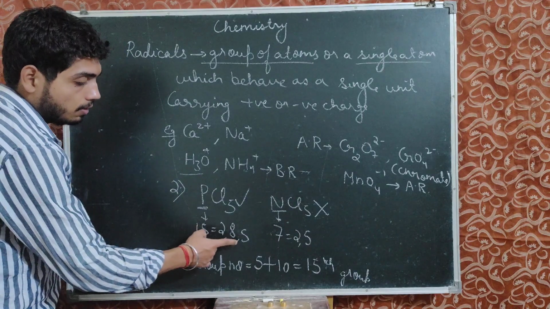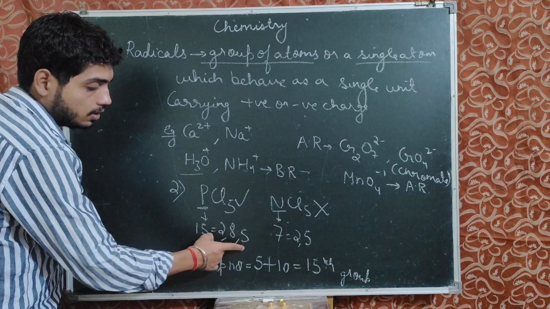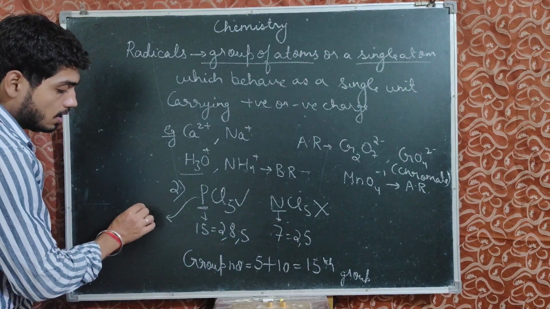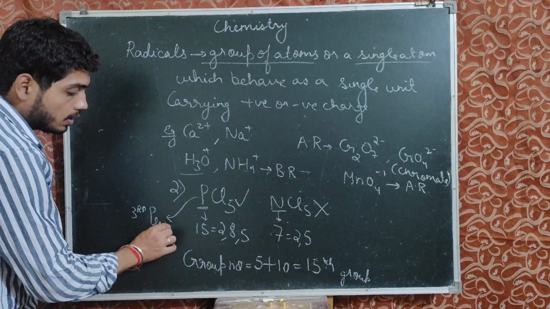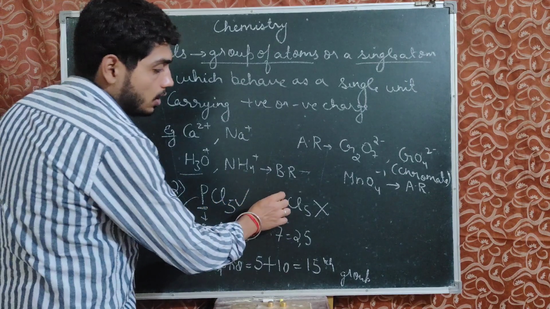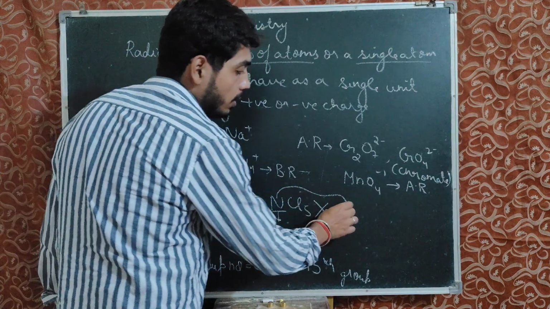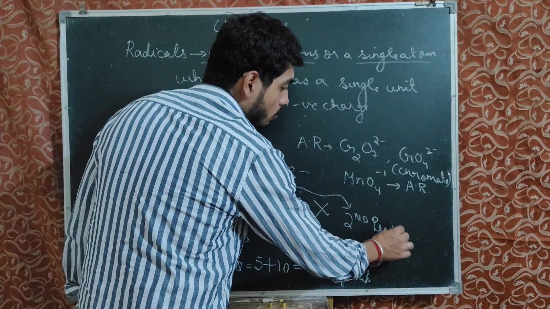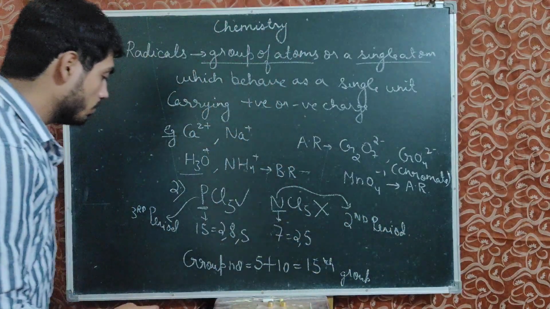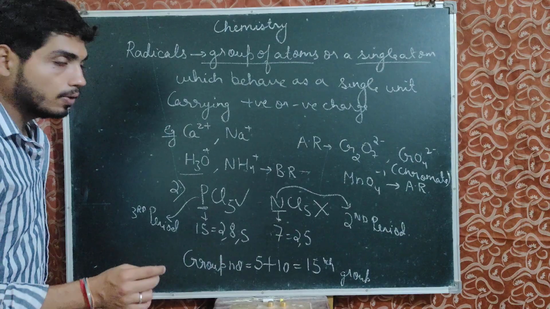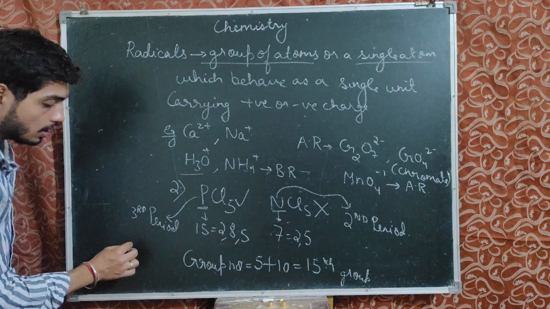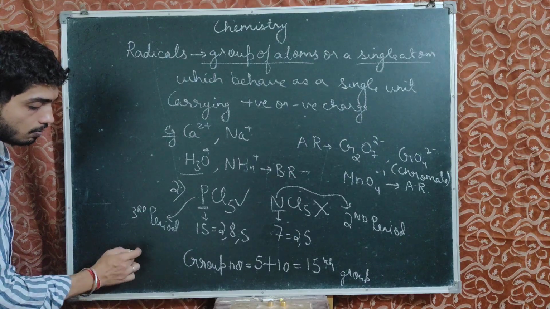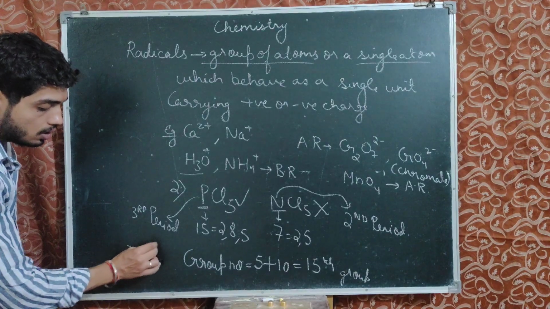Phosphorus lies in the third period. Why? 1, 2 and 3, 3 shells. So phosphorus is an element of third period, whereas nitrogen is an element of second period. And we know that Bohr's atomic model states that the maximum number of electrons an atom can accommodate is 2n square.